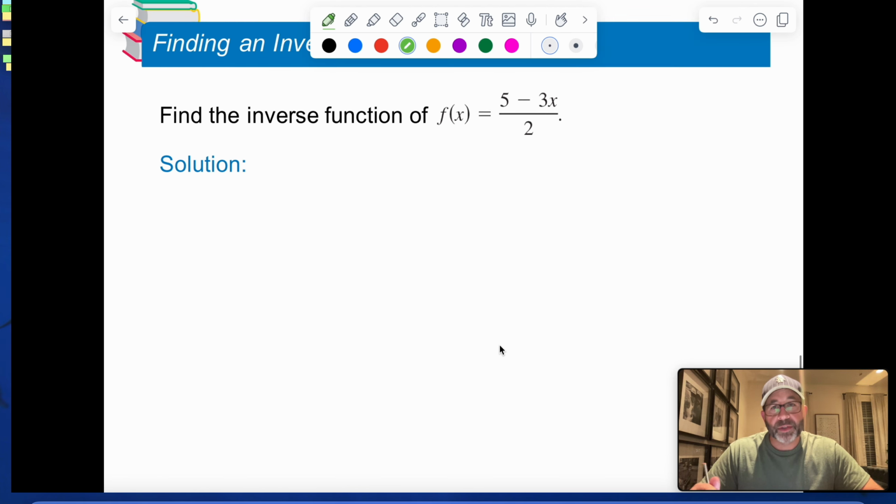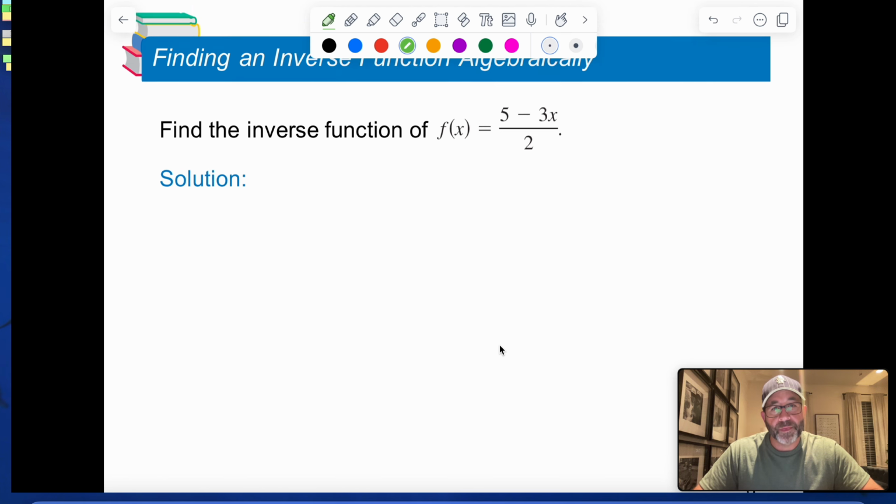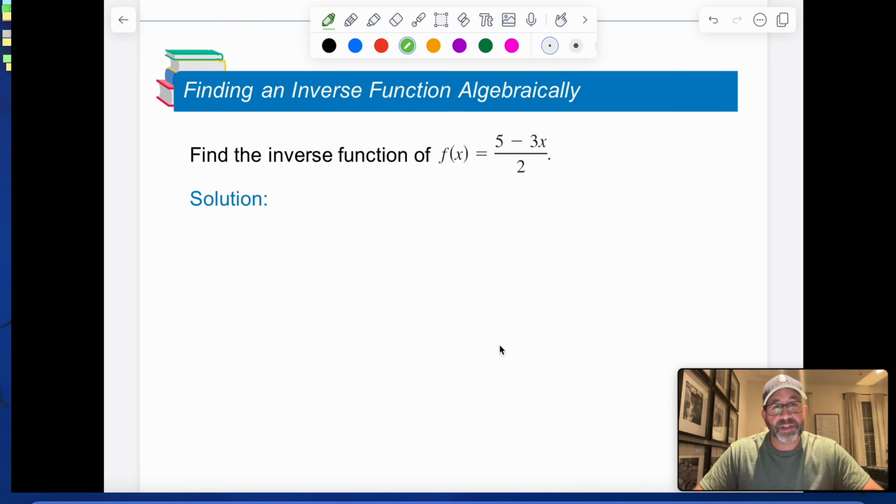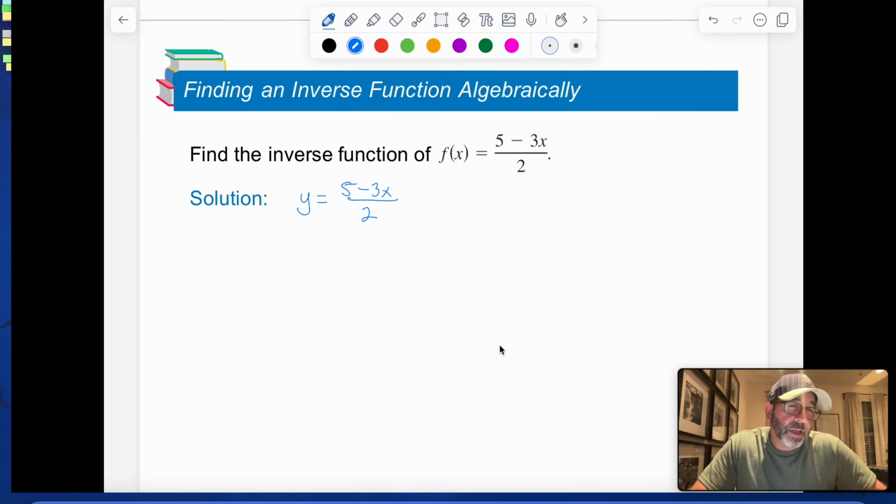So when we look at something like this and we say, let's solve it algebraically. We'll do a proof in a second, but when we say solve it algebraically, here's what the problem says. It says that y is equal to (5 minus 3x) over 2. And if you think about, like, how do we find the inverses, we said let's take the x and the y's and let's actually swap their places. So if I swap their places, here's what's going to happen.